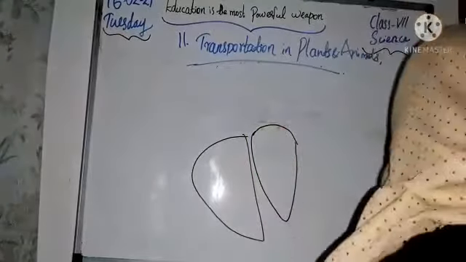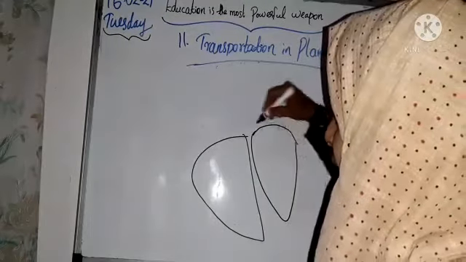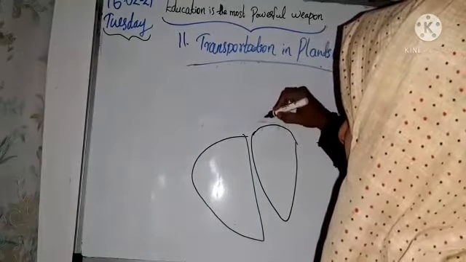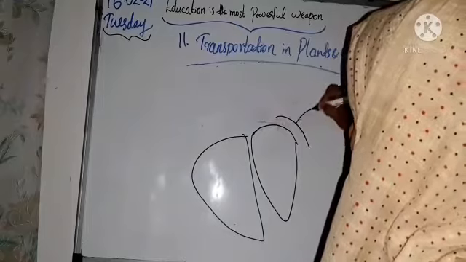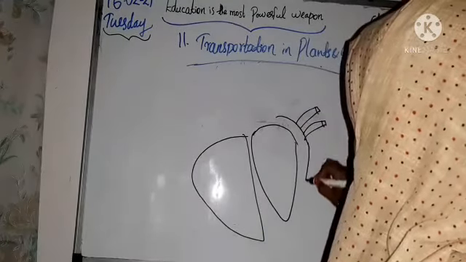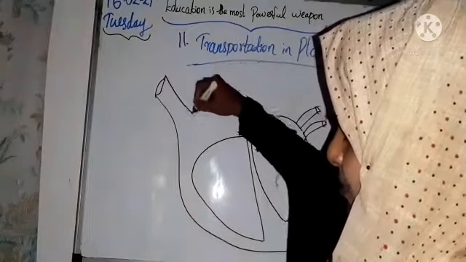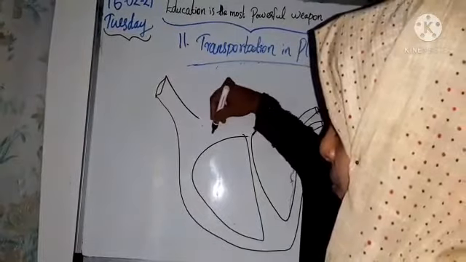So here I am drawing two chambers. Then here I have to draw like this. Two veins. Then this goes like this. It is not up to the mark, but you have to try to draw.